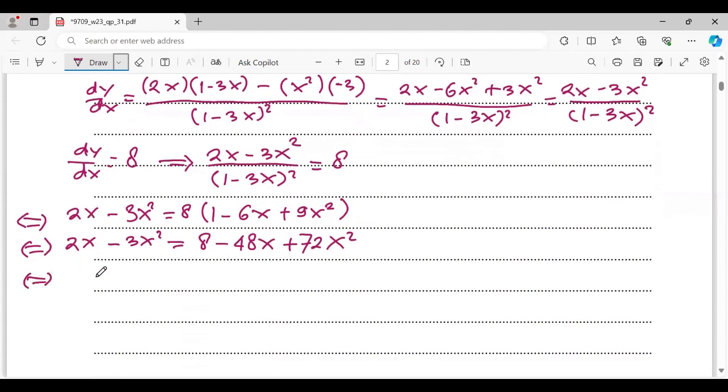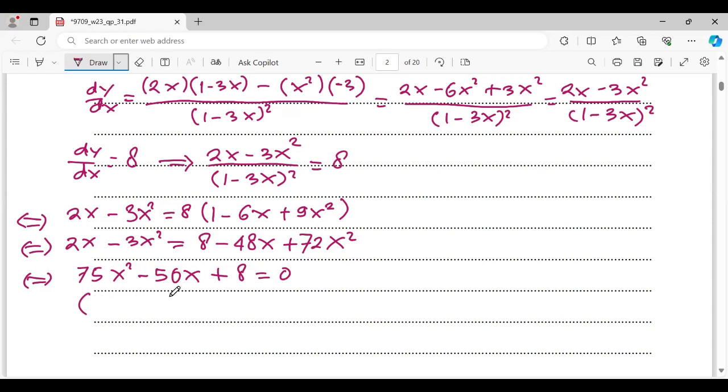So the next step is 72 plus 3, 75x squared, minus 50x plus 8 equals 0.